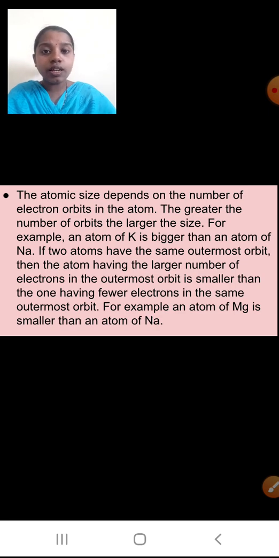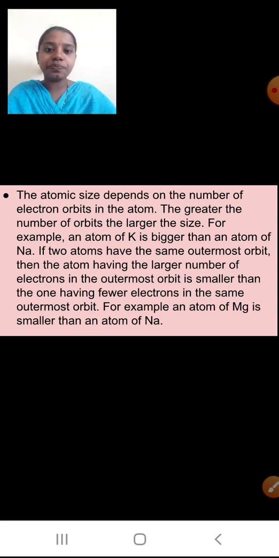Then you will see the number of electrons in the last shell. If there are a larger number of electrons in the outermost orbit, then that atom is the smallest. And the atom which has fewer electrons in the outermost orbit is the biggest.